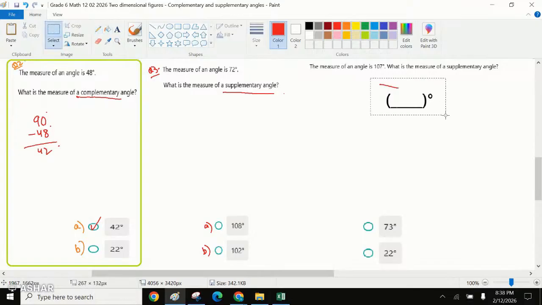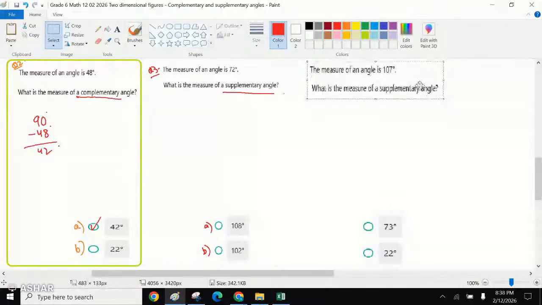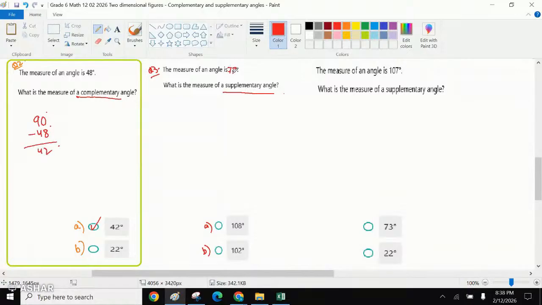Just a minute. I'll just show you again what I was saying. In question number 3, what I was saying was, if this number was 72, right? I'll rewrite it. If this number was 72 and the options were 108 and 102, right? If we add 72 to 108, when we add these numbers, it becomes a 0.